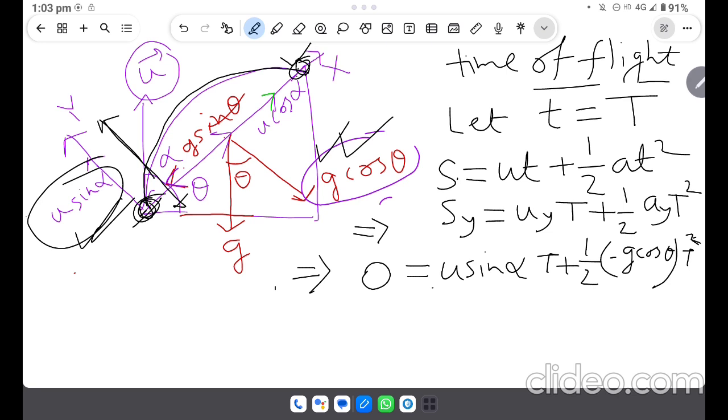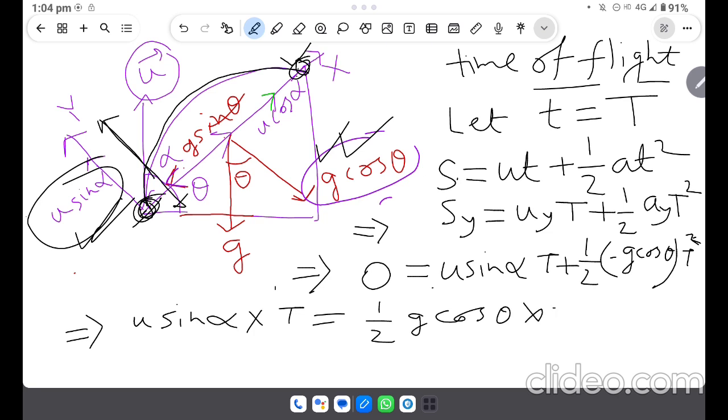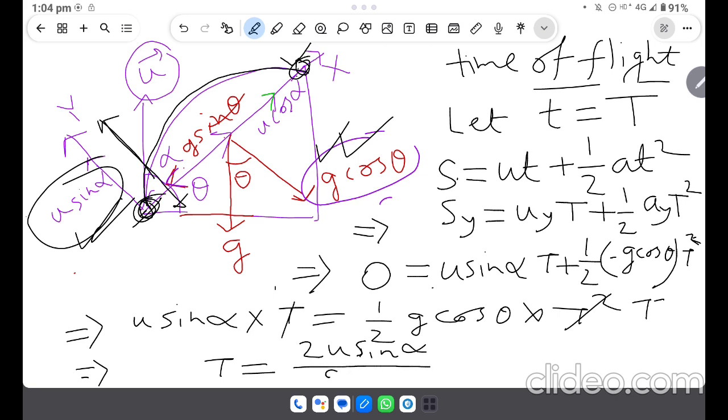So from this we can write u sin alpha multiplied by capital T is equal to half g cos theta multiplied by T square. One T cancels out. So from here capital T is equal to 2u sin alpha divided by g cos theta.